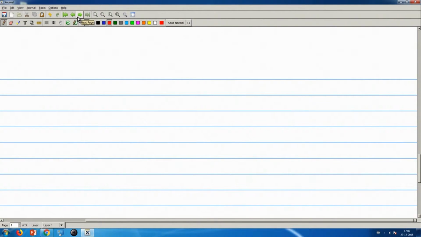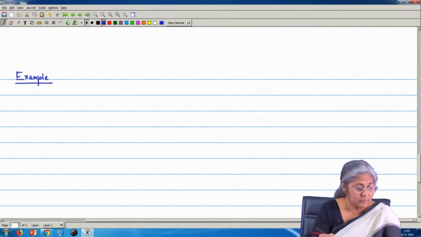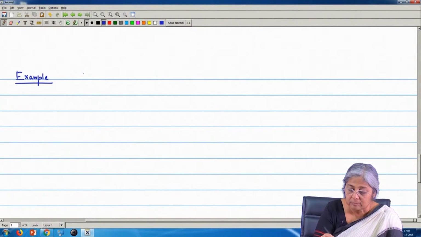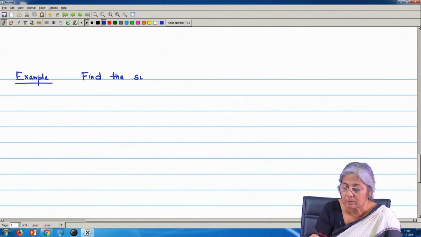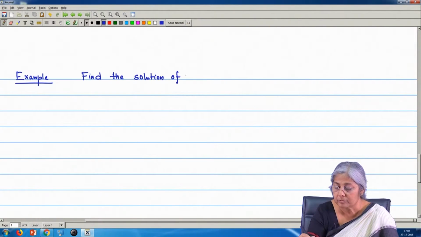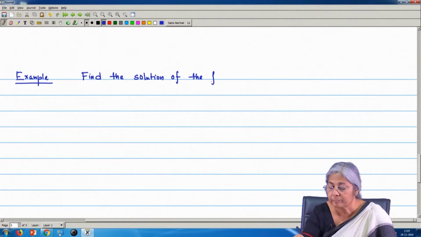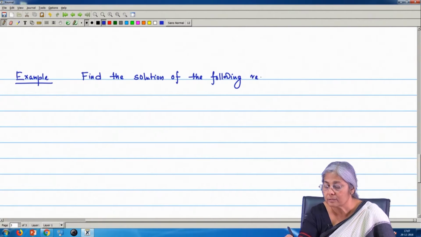Now, first we see one example. We find the solution of the following recurrence relation.